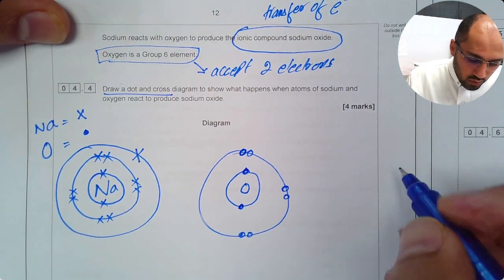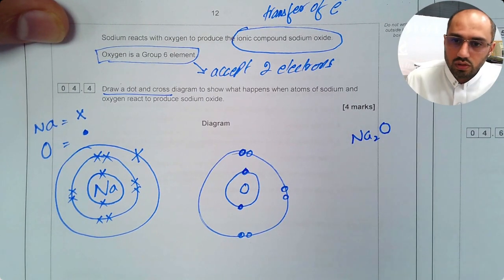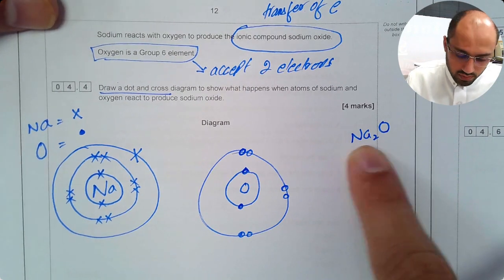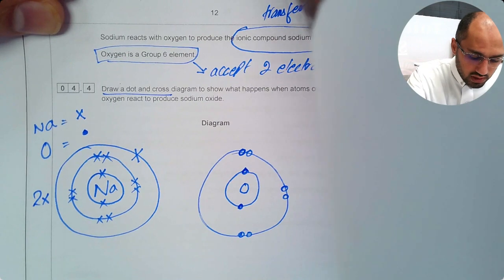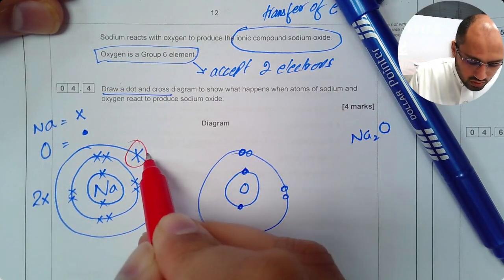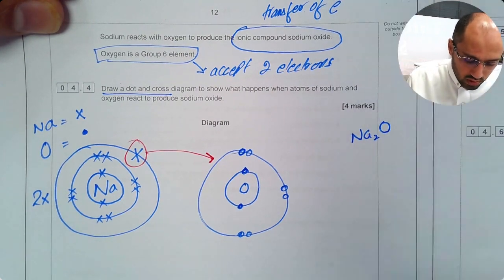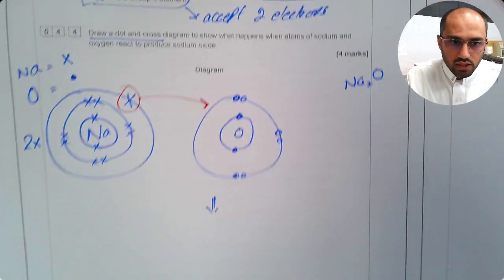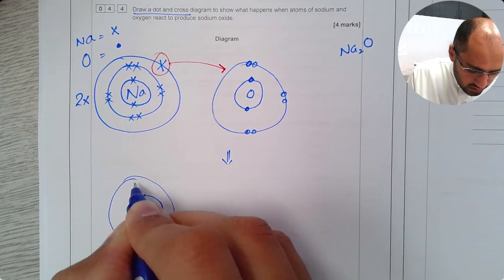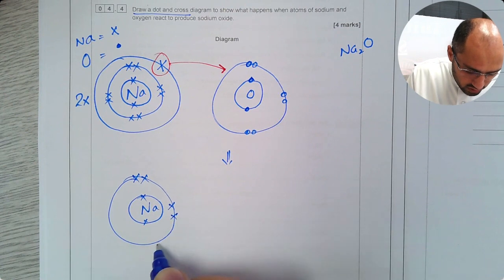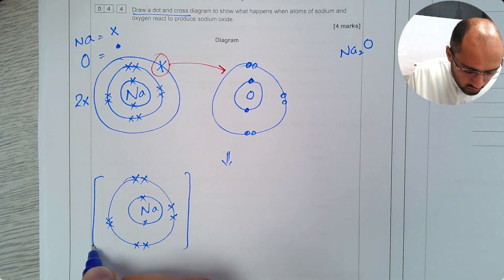If you recall, the formula for sodium oxide is Na2O. So this means there will be 2 atoms of sodium and 1 oxygen. So I'll put 2 times this. Then I have to show that this electron will go to oxygen, and because there are 2, in total 2 electrons will go. Na will now have only 10 electrons, because each sodium atom has lost 1 electron.